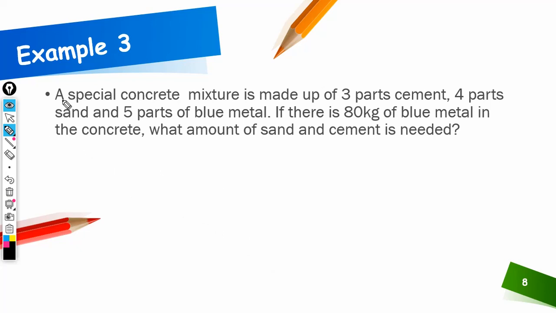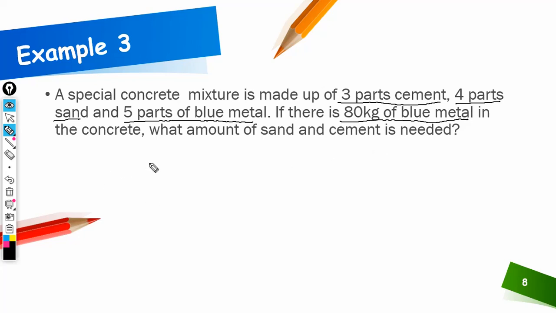Okay, a special concrete mixture is made up of 3 parts cement, 4 parts sand, and 5 parts of blue metal. If there is 80 kg of blue metal in the concrete, what amount of sand and cement is needed?